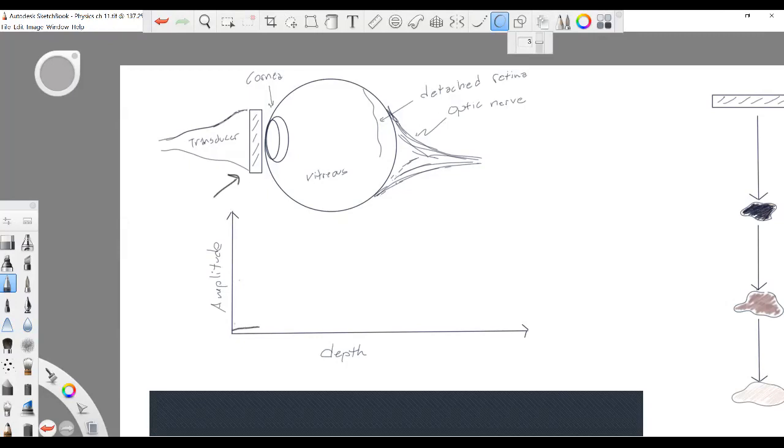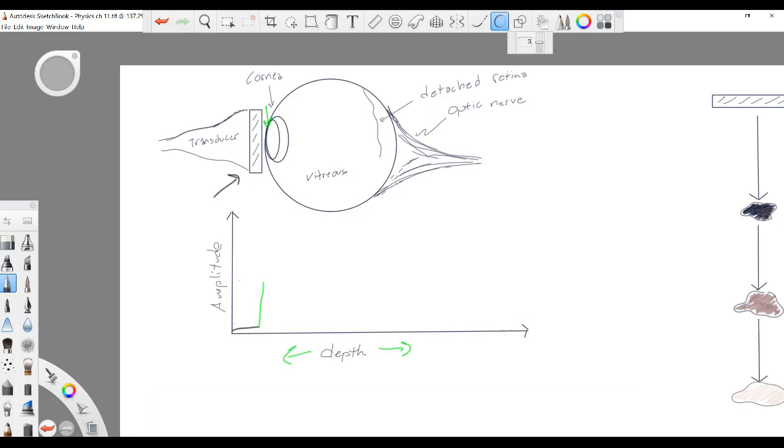And then it gets to the outer edge of the eyeball, right here, and suddenly there is a spike. That spike is saying there are echoes coming from that depth. So its depth is here. So it is a depth finding machine, just like our transducers are. They're depth finders, really. And the amplitude is shown by the height of the spike.